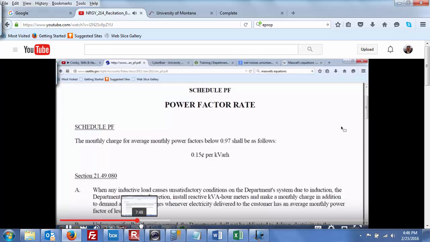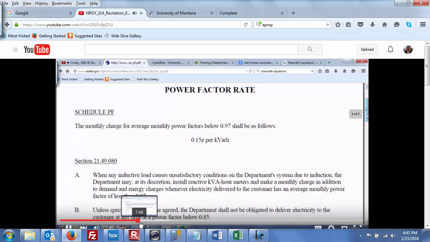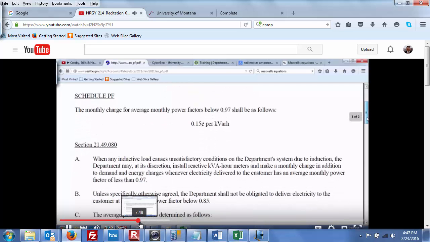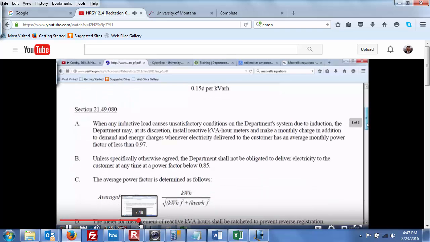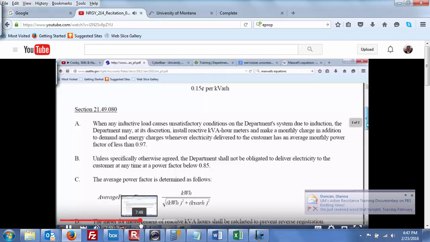So it'd be 0.0015. Unless specifically otherwise agreed, here's the equation I just solved. So if you go below 85, they're going to shut you down. Average.